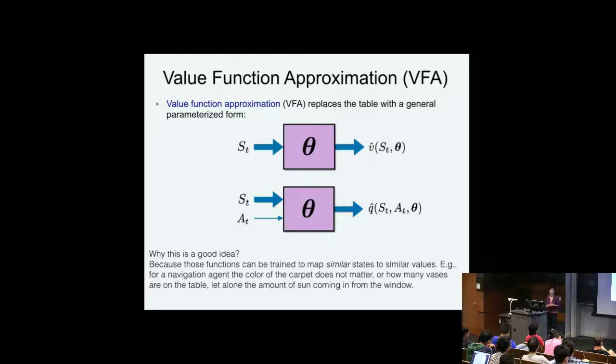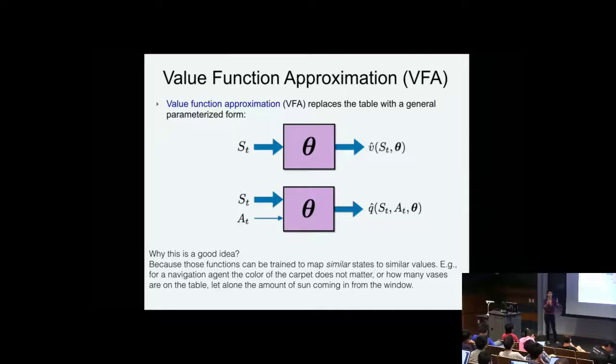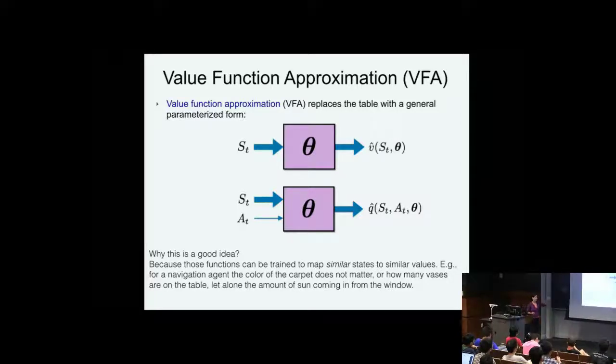And why is this a good idea? Because such a mapping function can exploit similarity between different representations of ST. This state and this state are very similar. This state and this state may be dissimilar, and this is going to be captured by this mapping function. We can train this mapping function theta to represent such similarity of the states.